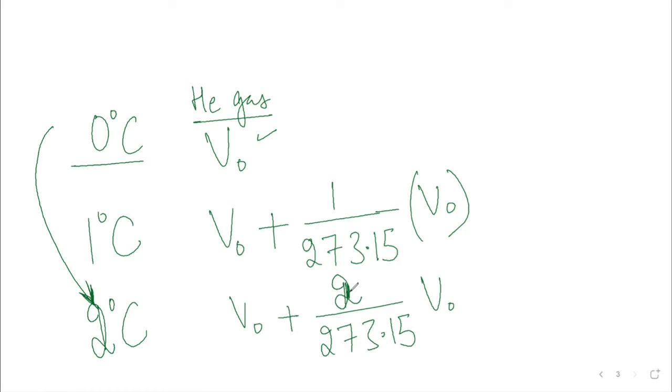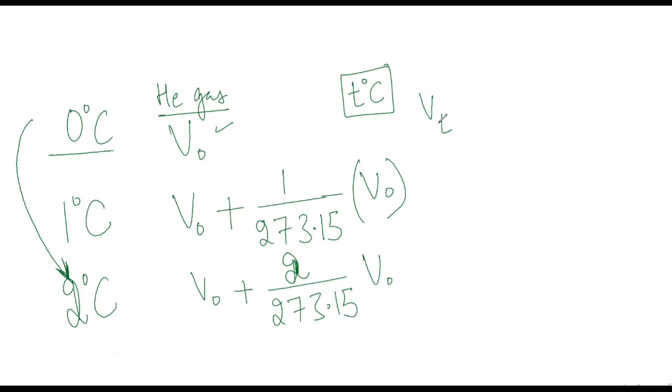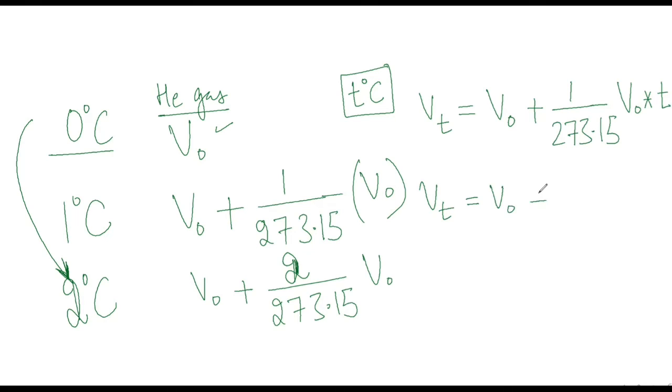Yeah. So at any temperature T degrees Celsius, the volume of the gas would be equal to the volume of the gas at 0 degrees Celsius plus 1/273.15 multiplied by V naught multiplied by T. And this is written as Vt is equal to V naught plus T/273.15 V naught.